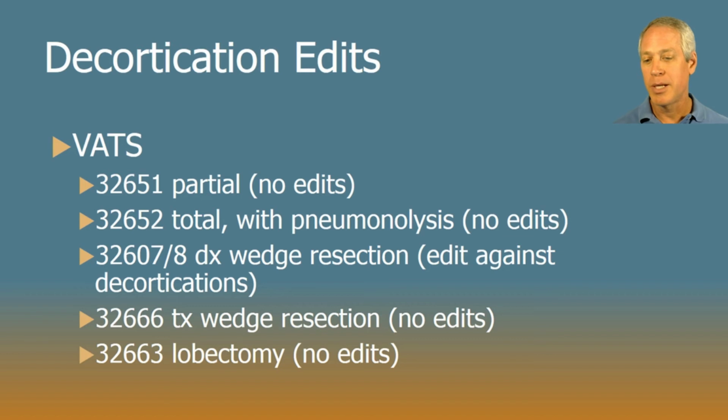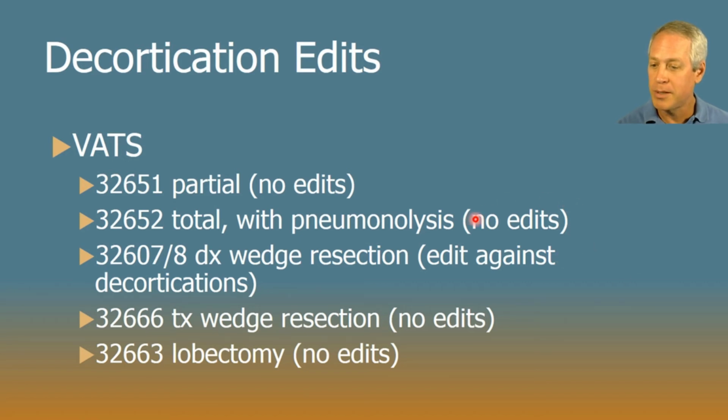Now, it gets a little bit into the weeds as to additional procedures done at the same time as a VATS decortication. With a partial, there are no edits, so there might be a pleurodesis, a pneumonolysis, wedge resections, pneumonectomy, lobectomy, all these kind of things can be done with a partial. But with a total decortication, there are some edits.